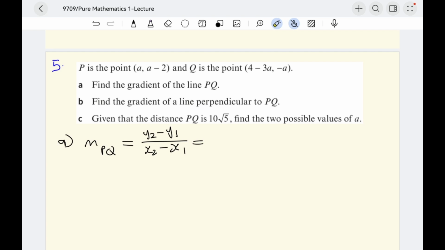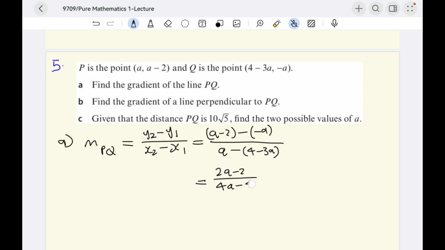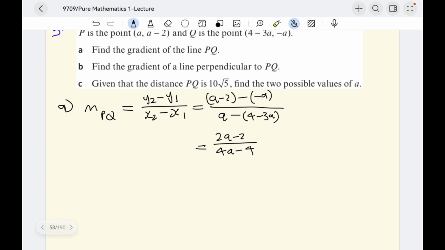For me, I will use (a minus 2 minus a) divided by (a minus (4 minus 3a)). Simplify the numerator and denominator. So here I have 2a minus 2, meanwhile you have 4a minus 4. But that's not the end of it, because you haven't simplified it.